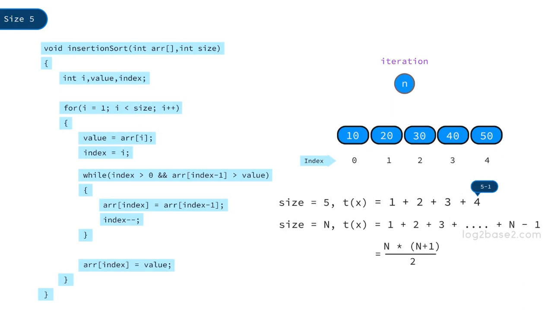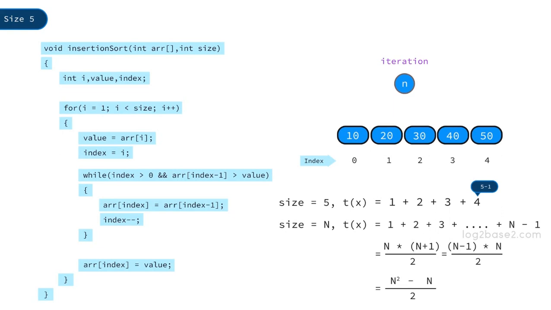But here, the last number is n minus 1, so we have to replace n with n minus 1. The equation becomes (n minus 1) into (n minus 1 plus 1) divided by 2. The minus 1 plus 1 gets cancelled, so this becomes (n minus 1) into n divided by 2, that is, (n square minus n) divided by 2. So we got the time required.